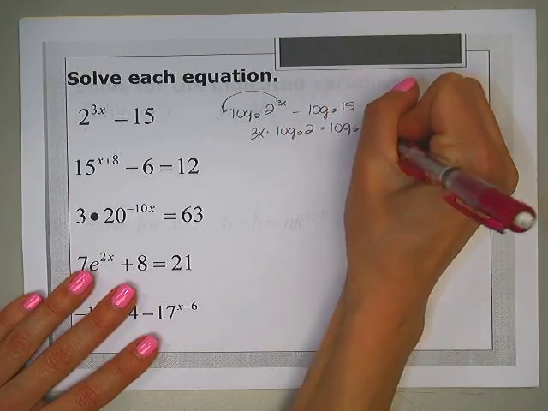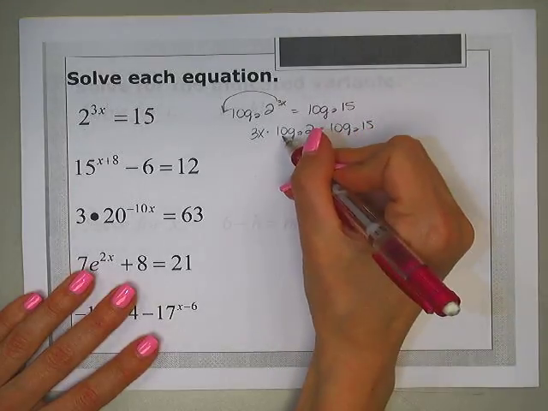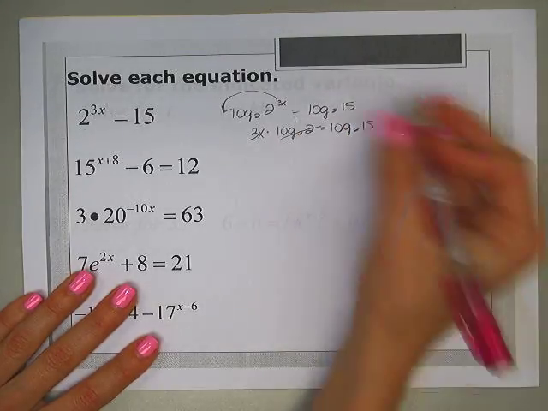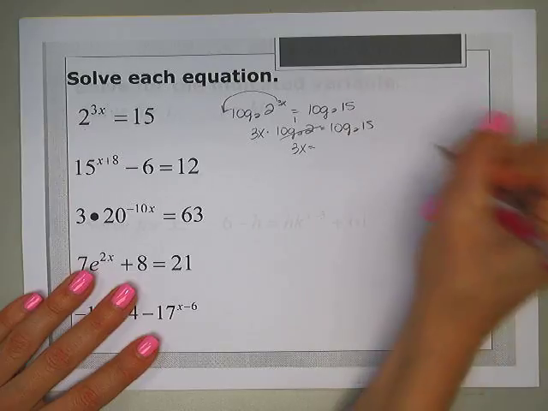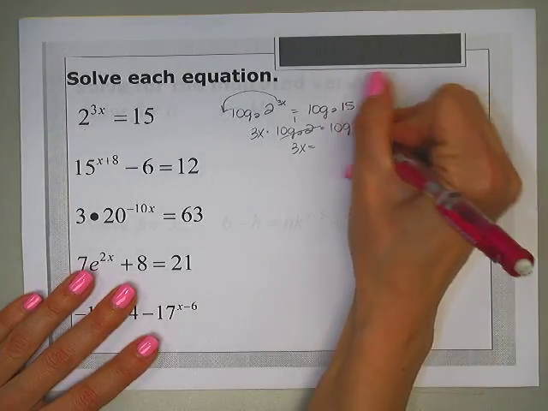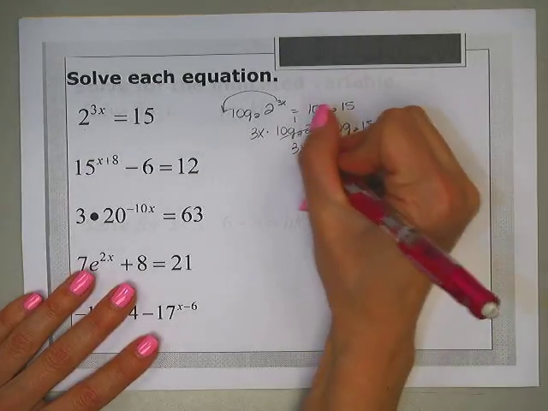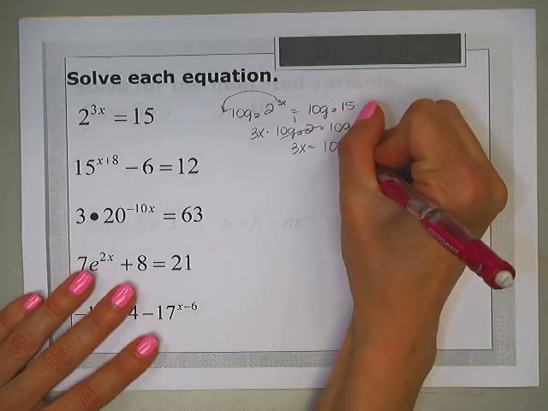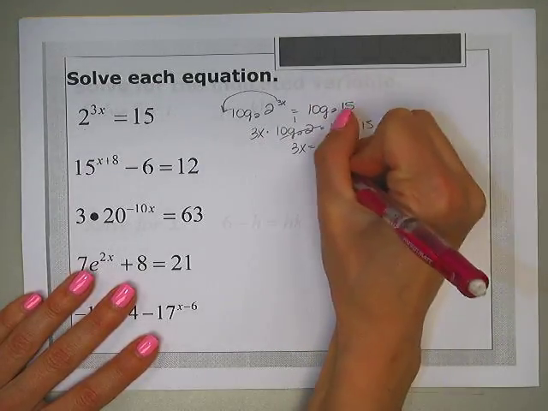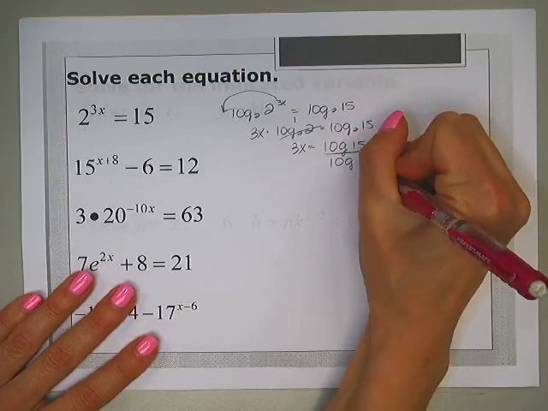Again, using the power property, that comes out front. So you've got 3x multiplied by log base 2 of 2 equals log base 2 of 15. Log base 2 of 2, that's 1. So I've got 3x equals, let's use the change of base formula over here. Again, I need my graphing calculator.